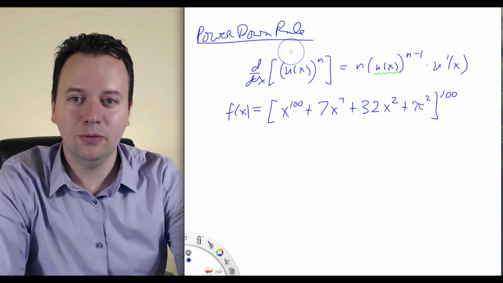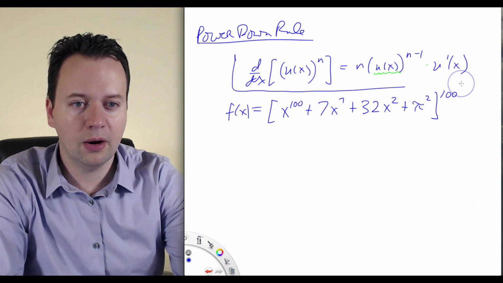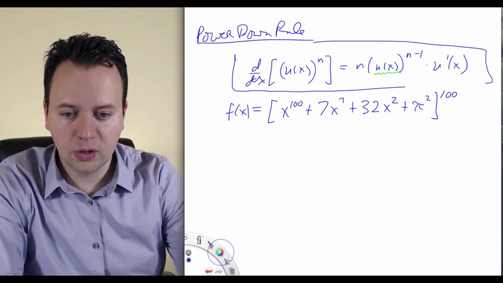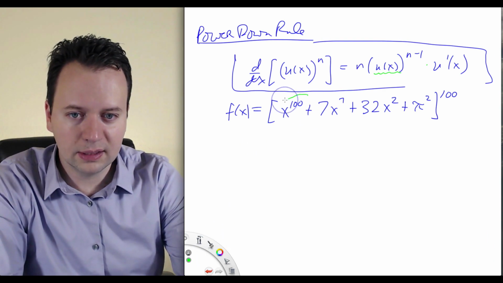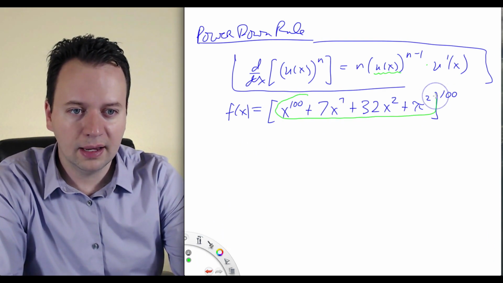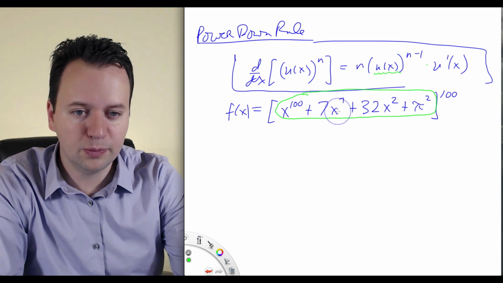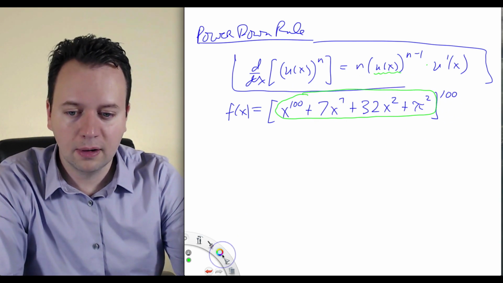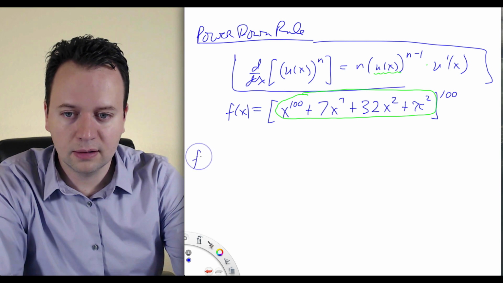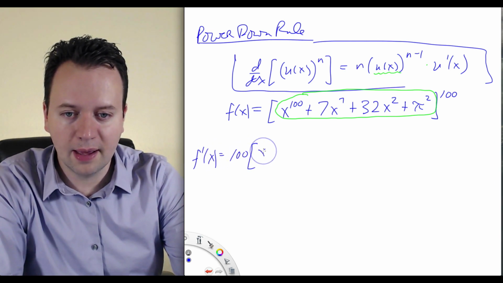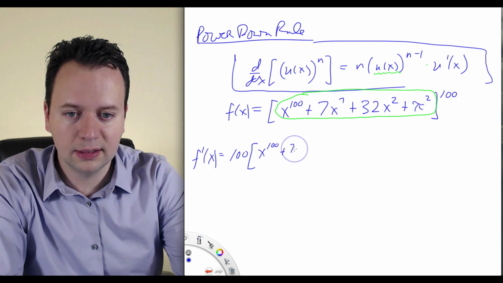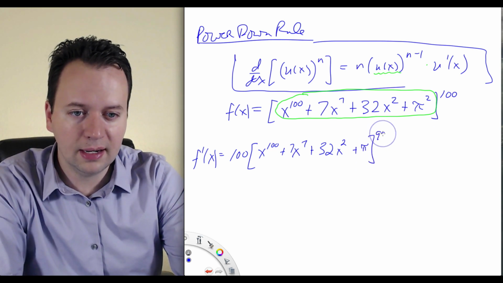So instead we have the power down rule, which is the one I wrote up here. So basically we can treat the inside function like a single piece, and we have this piece raised to the 100th power. Well, how do you take the derivative of that? It's just 100 times that piece, x to the 100 plus 7x to the 7 plus 32x squared plus pi, raised to the 99th power.